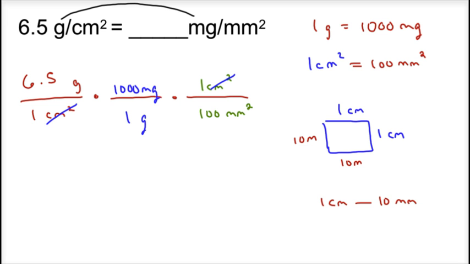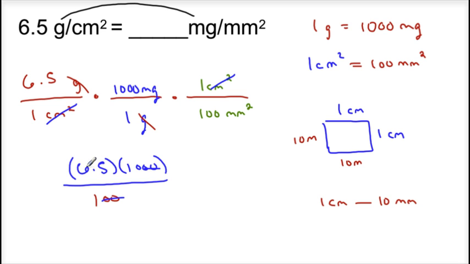Centimeters simplify, grams simplify, leaving me with 6.5 times 1,000 over 100. Without any calculator, my 2 zeros go away here, leaving me with 6.5 times 10, so leaving me with 65 milligrams per millimeter squared.